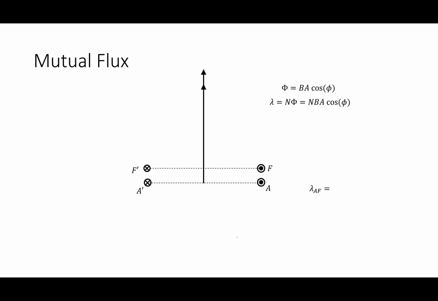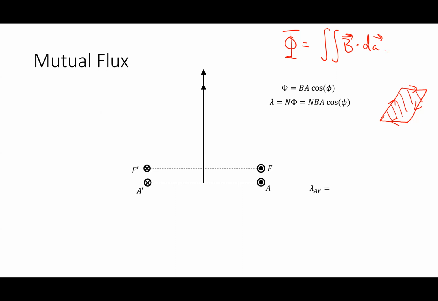Basically, the relationship that you learned in fields was phi equals B dot dA. You said if I had a surface, this surface could represent what coil A is doing, where if I had a current going this way and then that way, there'd be a flux going through this surface.